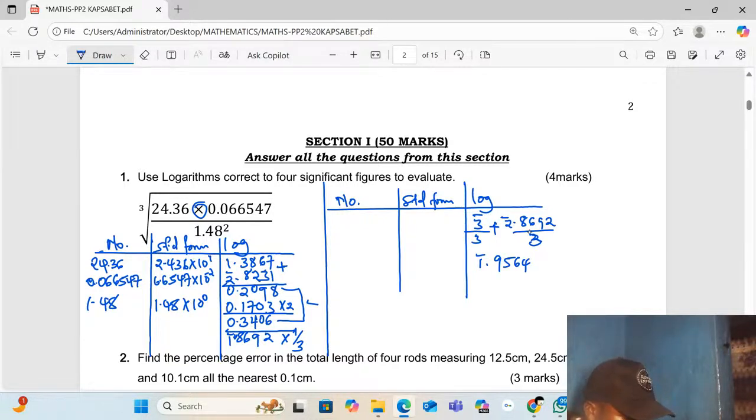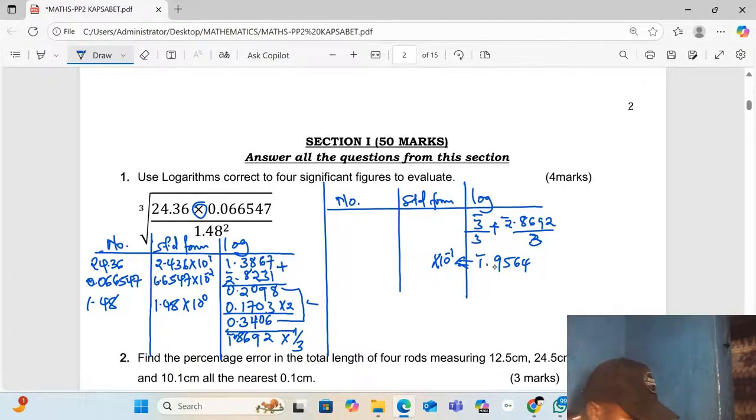But remember, when we reach this place, we have to look for the antilog of that. And in our antilog, we shall have this bar 1, which means it's 10 power negative 1. So whatever you get as the antilog of 9564, we then multiply by 10 power negative 1.